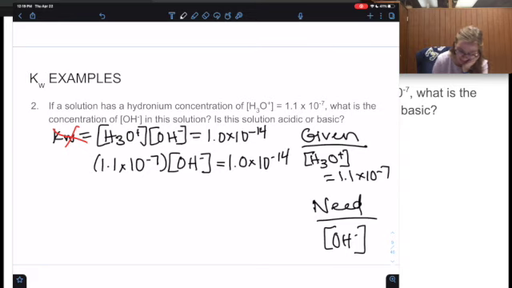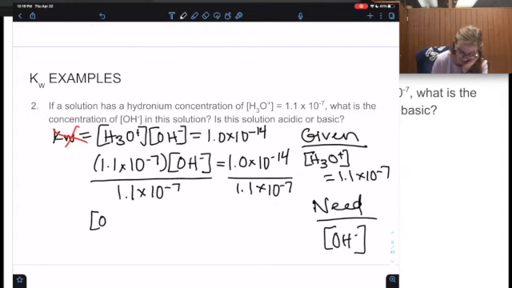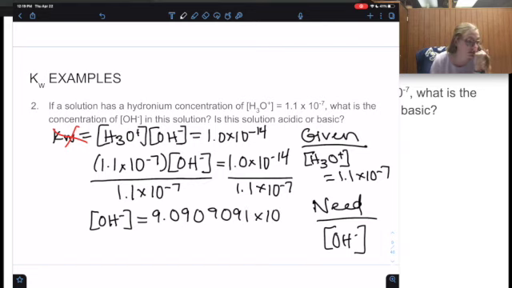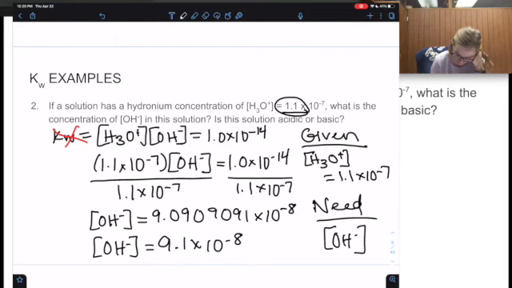We can divide both sides by 1.1 × 10^-7, and we get that our concentration of OH- equals 9.0909090909... × 10^-8. In the proper sig figs, I have 2 sig figs here, so 9.1 × 10^-8 is my final answer.